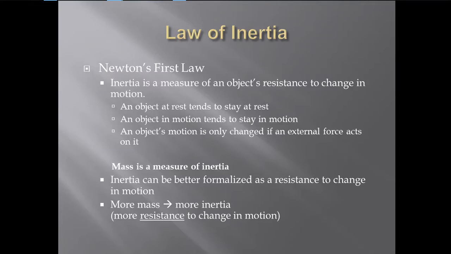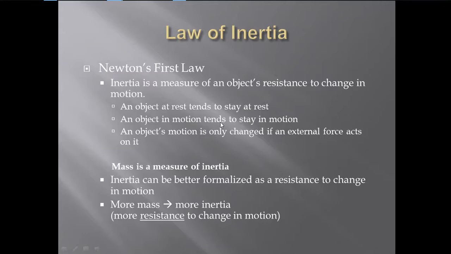And imagine an icy condition: that truck is just going to keep moving very fast for a very long time because it has so much inertia that it will continue that motion, and the net external forces of friction are small enough that it would just slide for a very long time. Whereas a car with less mass or less inertia is going to slow down much quicker because it has less inertia.